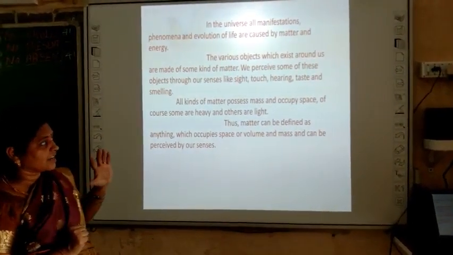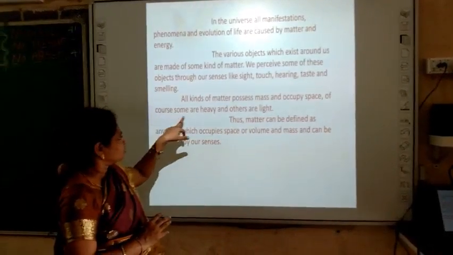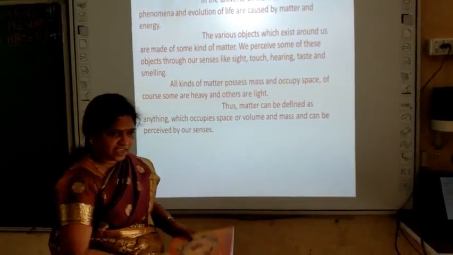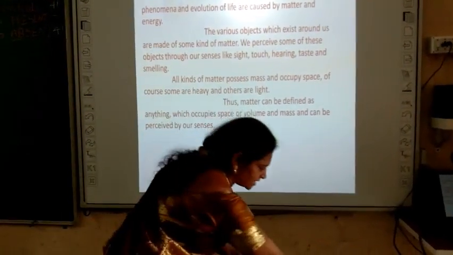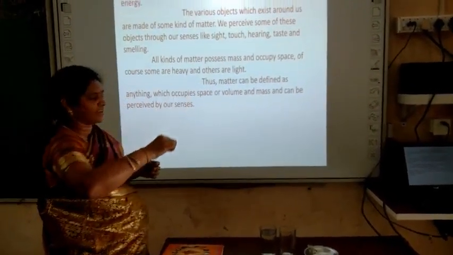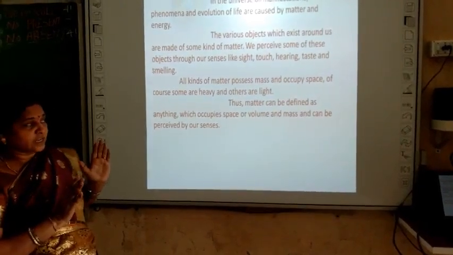All kinds of matter possess mass and occupy some space. Of course, some are heavy and others are light. Isn't it? The book is heavy, but salt is very light. This is also matter. Thus, what is the definition?